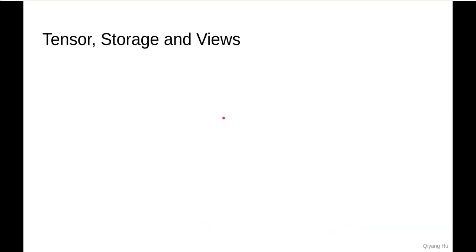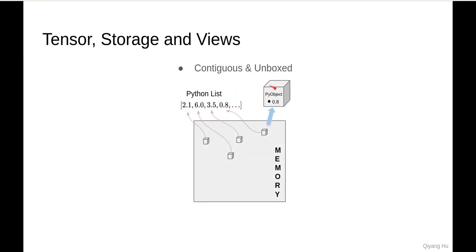To understand PyTorch tensors better, we have to emphasize a clear distinction between Python lists and PyTorch tensors. As we know, a number in Python is not a simple piece of numeric value. It is actually a box, a full-fledged object. We call it a PyObject, with reference counting, of course. And a Python list, or tuple of numbers, is a collection of Python objects that are individually allocated in memory.